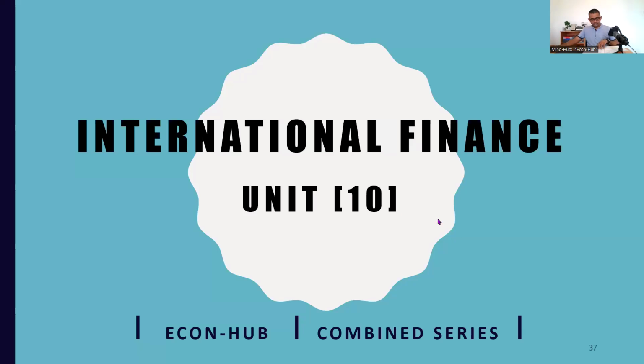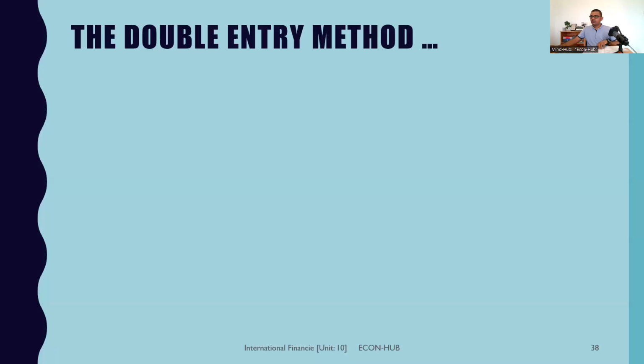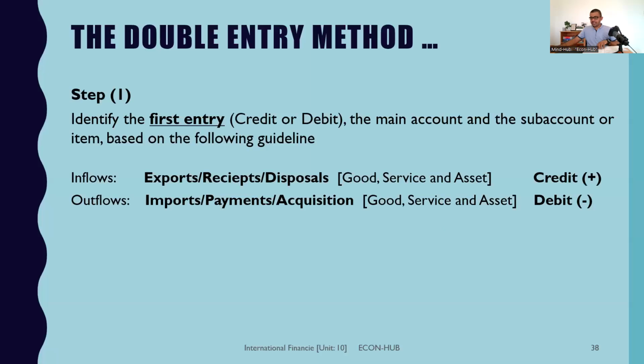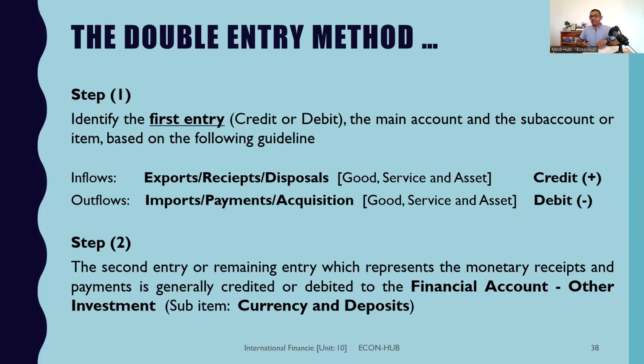Okay, so let me go to the virtual whiteboard. The basic idea is this, you guys remember. When you record transactions in the balance of payment statement, we have to follow the accounting double entry principle.